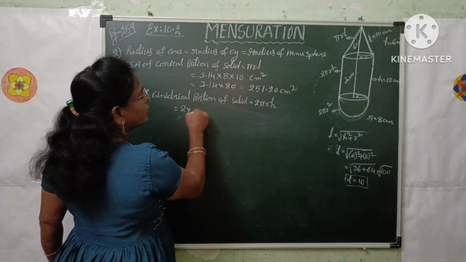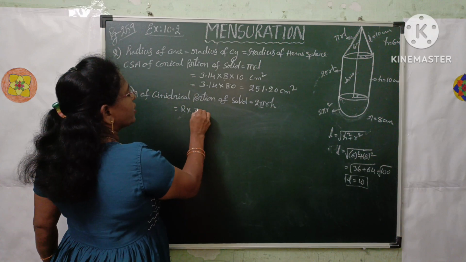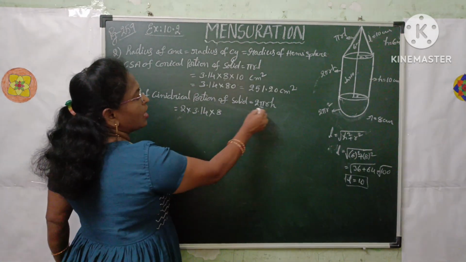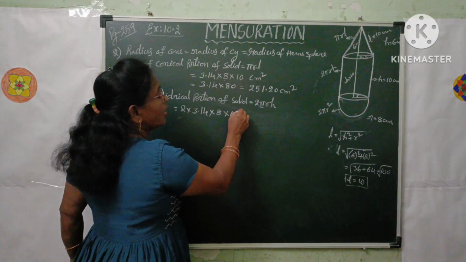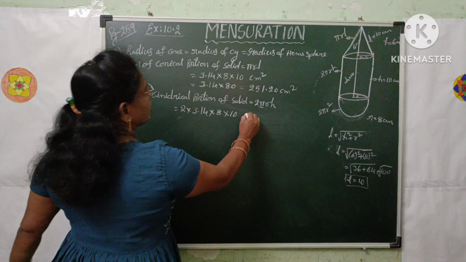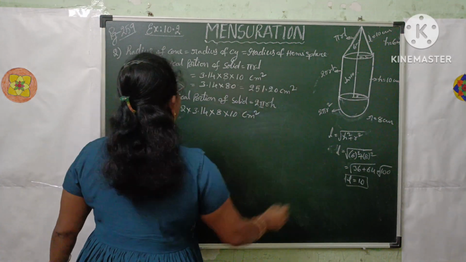Here 2 into pi value 3.14 into r is the same radius, 8 centimeter, height is 10 centimeter. Height of the cylinder here is 10 centimeter. Okay, so area means centimeter square units.